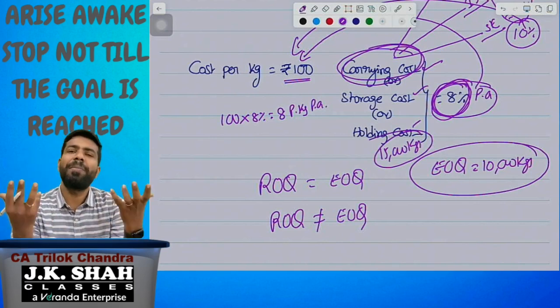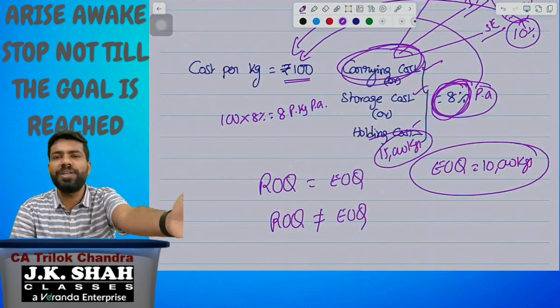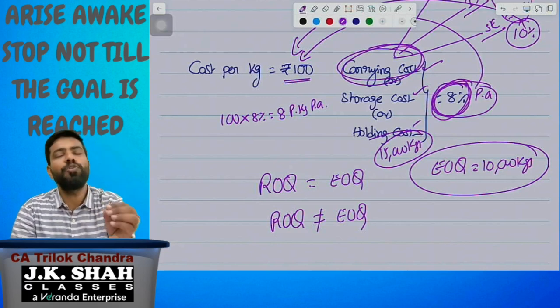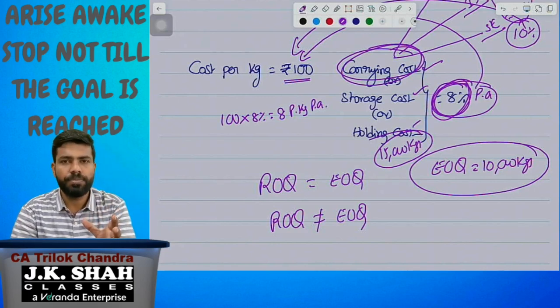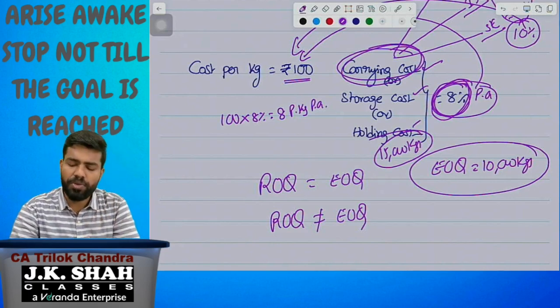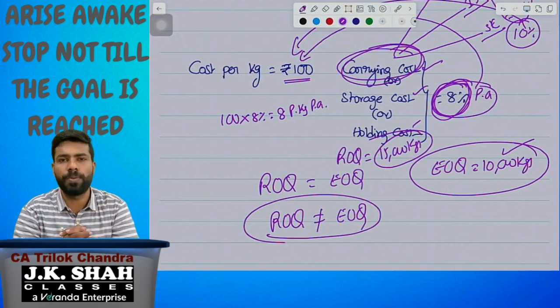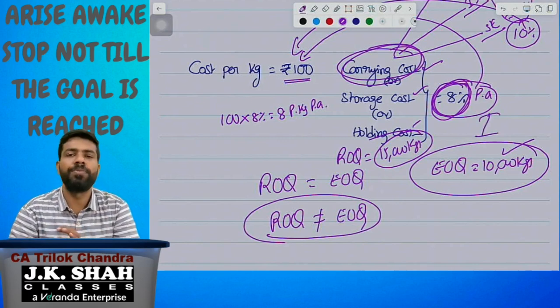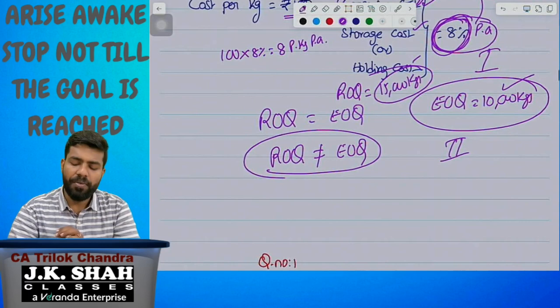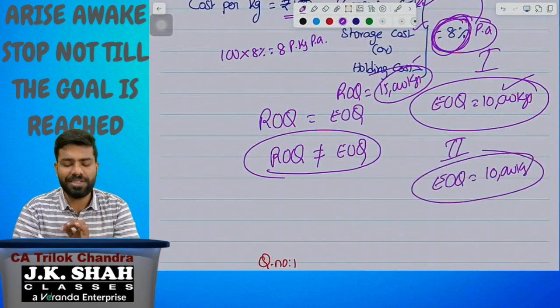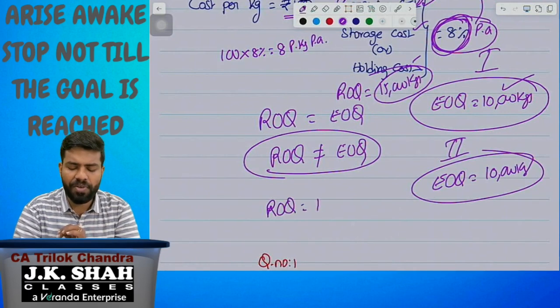The minimum order that can be executed by the suppliers is 15,000 kgs. Now what can the management do? If they are ready to supply only 15,000 kgs, management does not have any option. They have to place the order of 15,000. In this case EOQ is 10,000 whereas the reorder quantity is 15,000. So ROQ is not equal to EOQ. This is the first scenario. Let me take the second scenario. We recommend EOQ equal to 10,000 kgs, and by taking this instruction, management also places the order of 10,000 kgs.